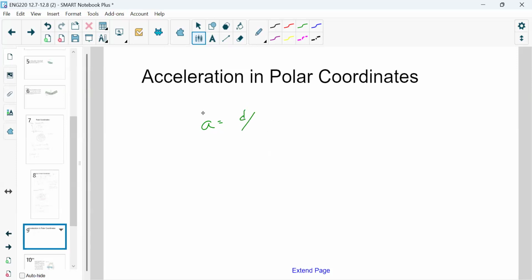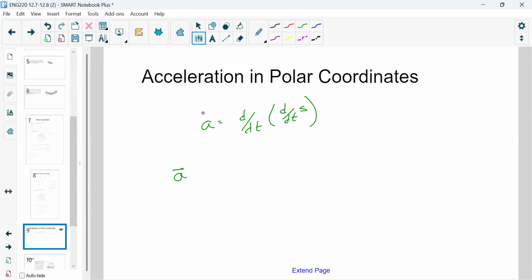We're going to do d by dt of s. So we've been calculating acceleration that way, and your author goes through a very long and involved derivation for it. So I'm going to let you guys read that.